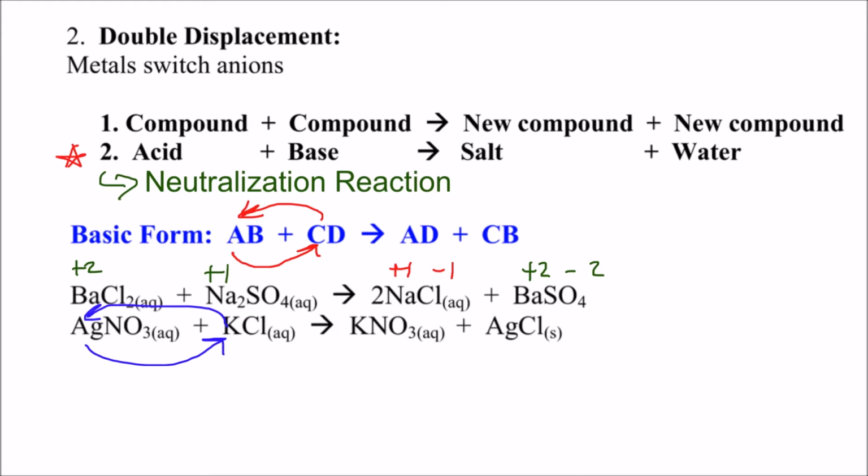Okay? Potassium has that +1 charge. This is not a PO or BO or ASO. It's not a SO or CO or CRO. It's all the rest. So it's got -1. So that works out there. Those ones will cancel. Silver has a +1 charge, and chlorine has a -1 charge. So those cancel out, and we're good to go.